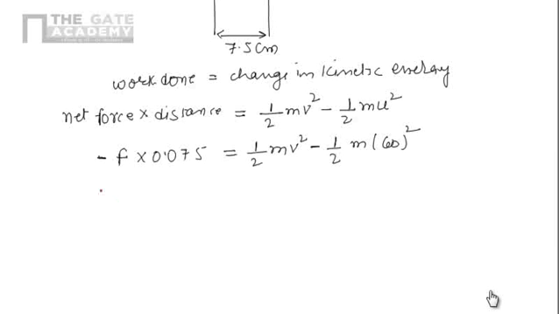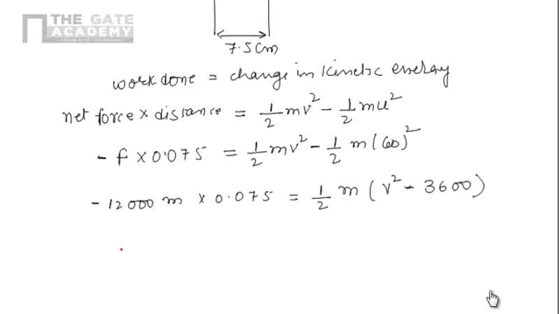We know the value of F here. The value of F we have already calculated, that is 12000 Newton, into 0.075, plus 1 by 2 m into v square minus 3600. Again simplify it, we get 12000, m cancels out from both sides, 0.075 into 2 plus 2 v square minus 3600.